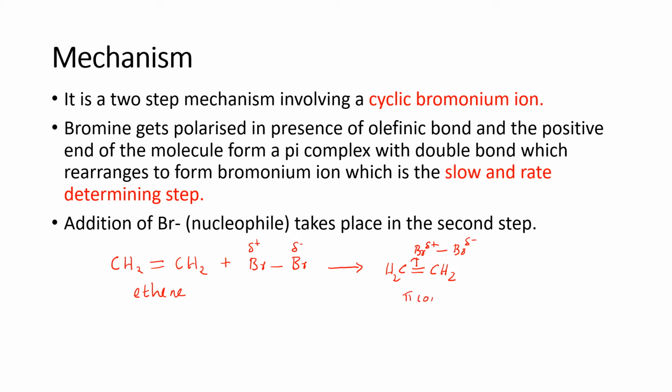And this is the pi complex. And this pi complex now gets converted to a cyclic bromonium ion, in which bromine carries positive charge.